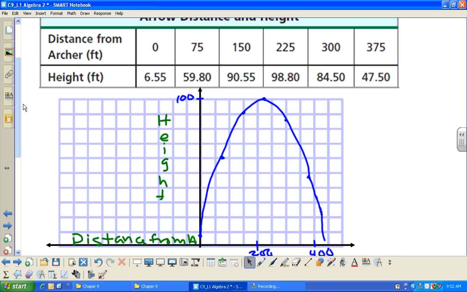And I also have to write a verbal description. So since this is a parabola, it looks like my height reaches roughly about 100 feet at roughly 225 feet horizontally. So I could say the archer shoots the arrow at a height of 6.5 feet.